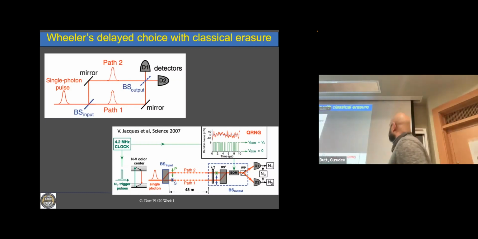But by deciding when I put the beam splitter in or out, I can decide whether there's an interference pattern or whether I know which way the photon came into the interferometer.